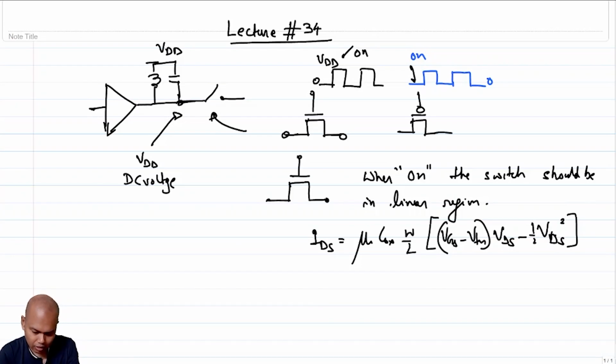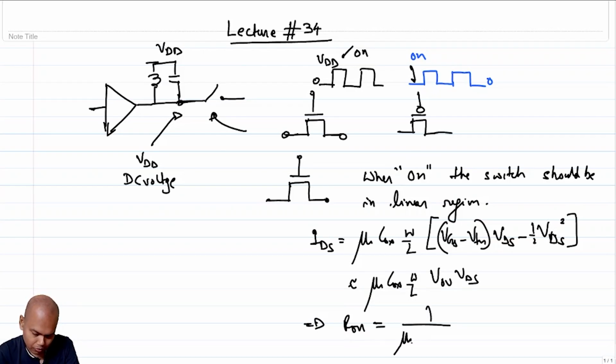Which means the on resistance, if I assume that it's in the extreme linear region, then I can basically say the current is equal to mu n Cox W over L times V overdrive times VDS, which means the on resistance R on is 1 by mu n Cox W by L times V overdrive. Okay.